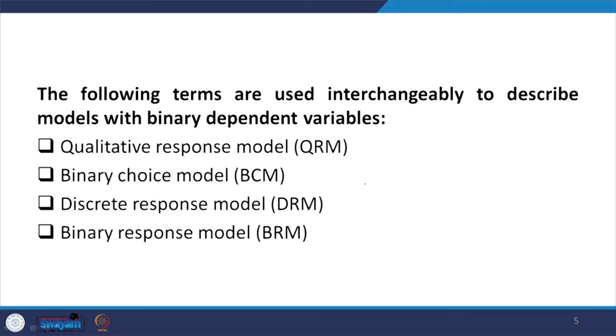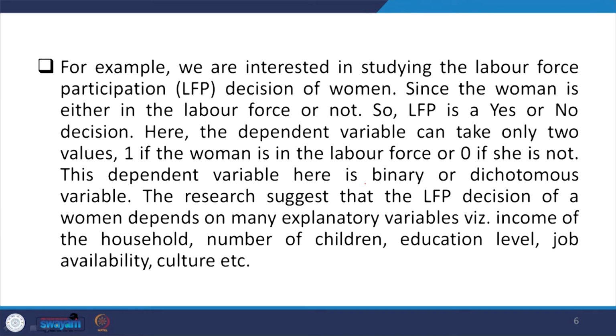First, qualitative response model. You might be confused about what this qualitative response model is as compared to the binary choice model. In our title we mentioned binary response models. These are all similar: discrete response model, binary choice model. All 4 terms are used interchangeably.